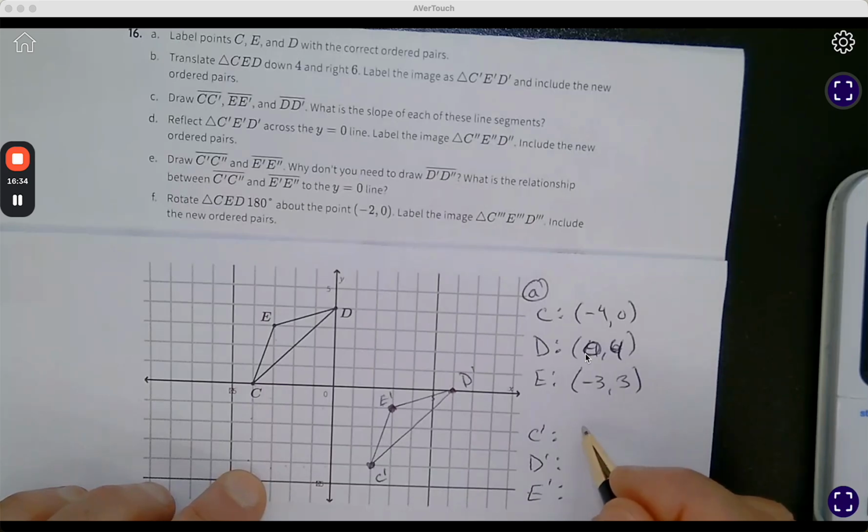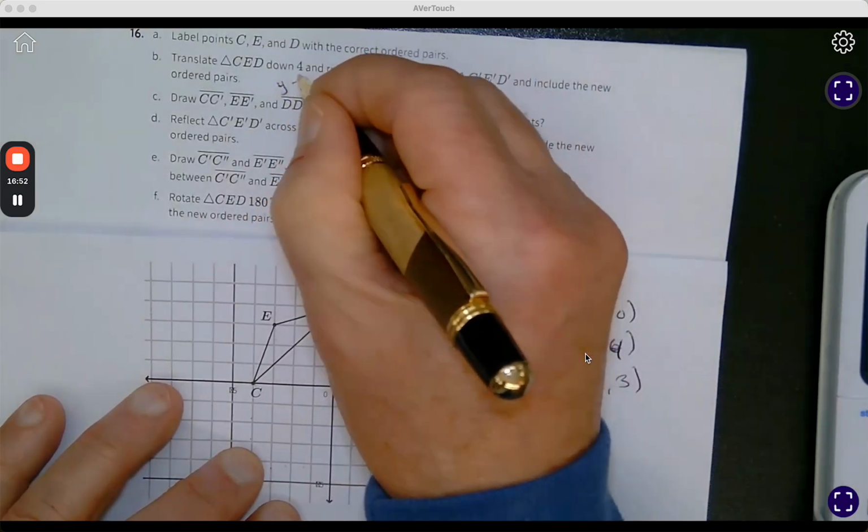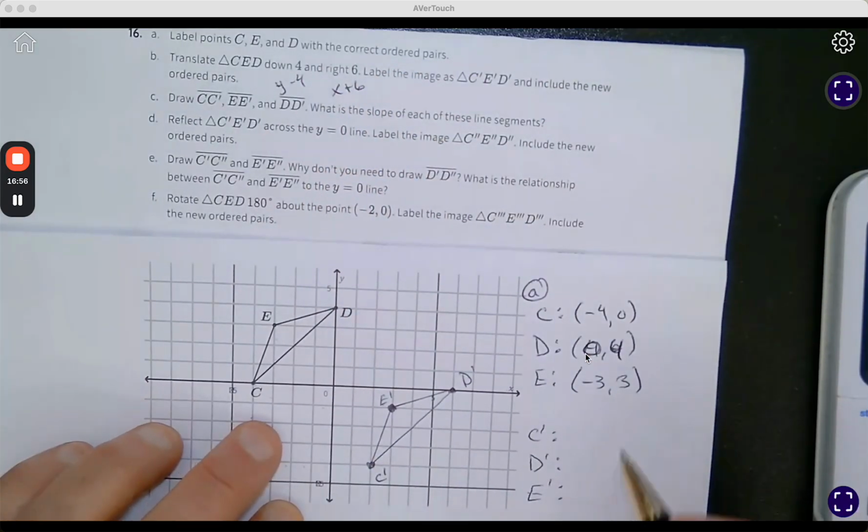So subtract 4 is down, down 4 is the y. And then add 6 to the right is plus 6 on the x. Right, so this is y minus 4, and this is x plus 6. Okay, sorry, I had to get my bearings on that.